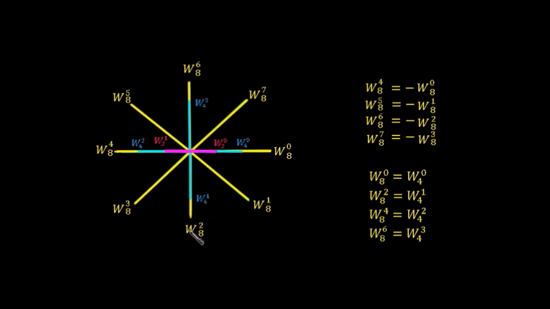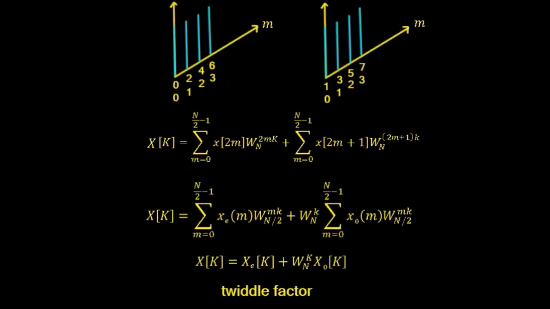So that's just like us saying wn to the 2 is the same as wn upon 2, and the 1 is understood. So we can do the same thing with the odd DFT here. The value of 2 will disappear, it'll just become a 1, and the value of n will now be n upon 2. Also, the value of k can come out, so we'll have a value wn to the k.